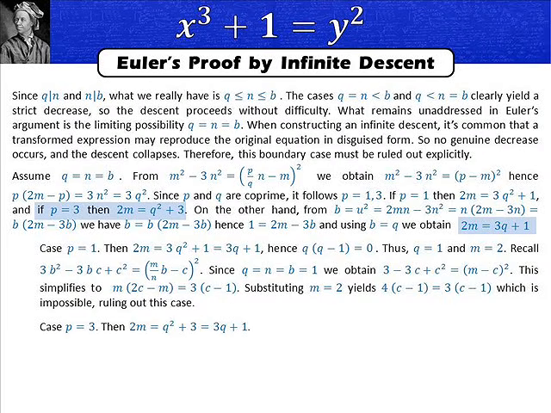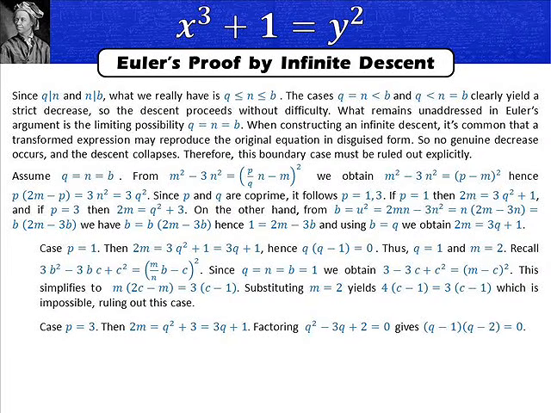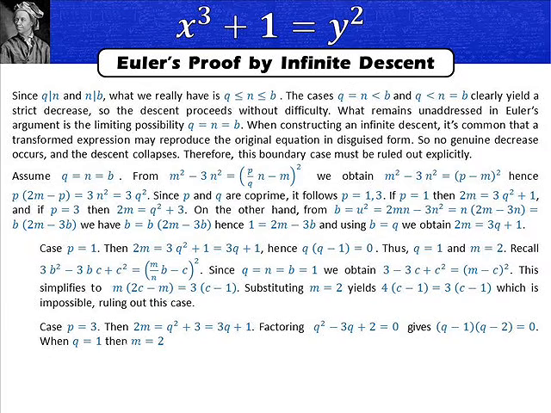Case p equals 3, then 2m equals q squared plus 3, which equals 3q plus 1. Factoring q squared minus 3q plus 2 equals 0 gives (q minus 1) times (q minus 2). When q equals 1, then m equals 2, leading to the impossibility already obtained above.